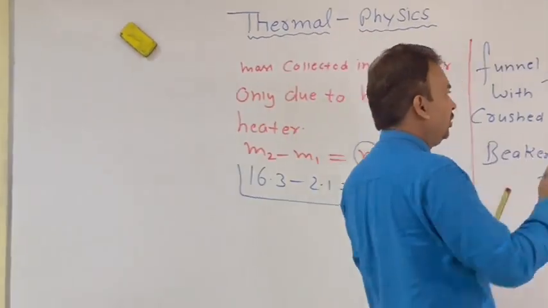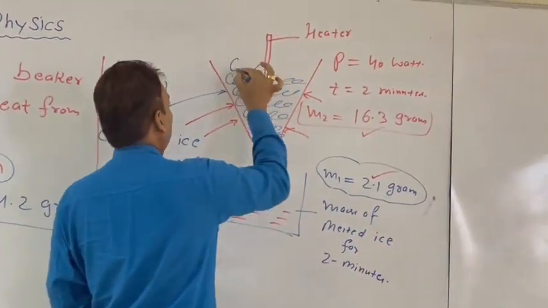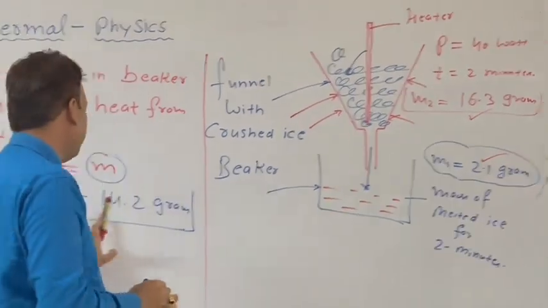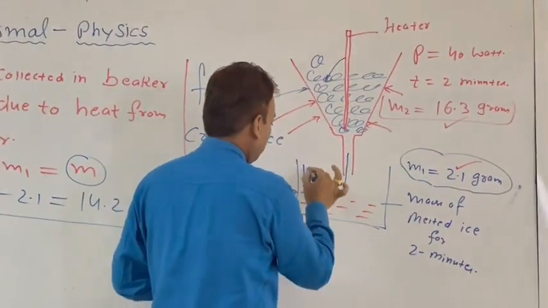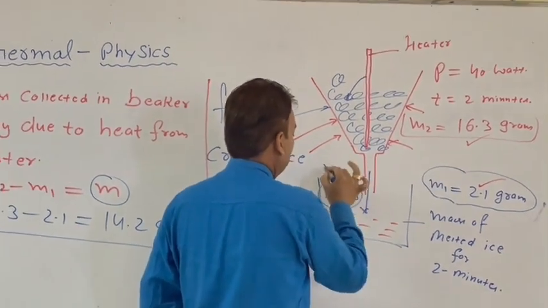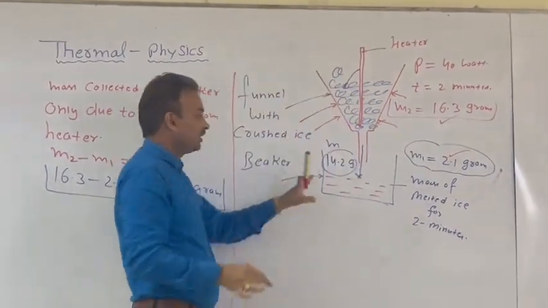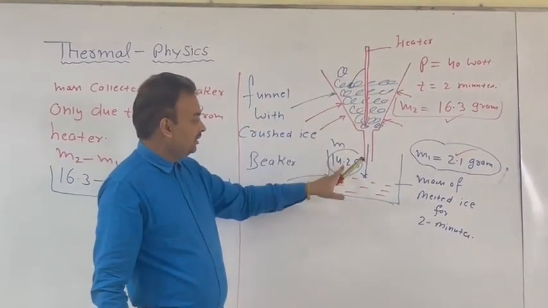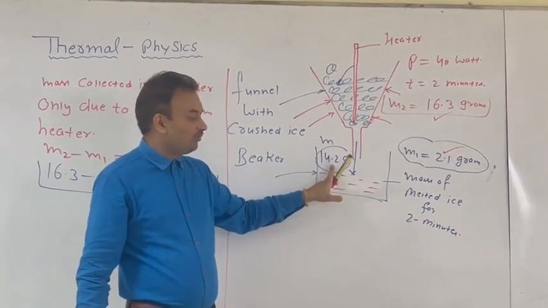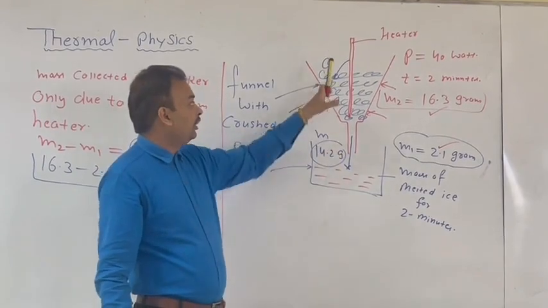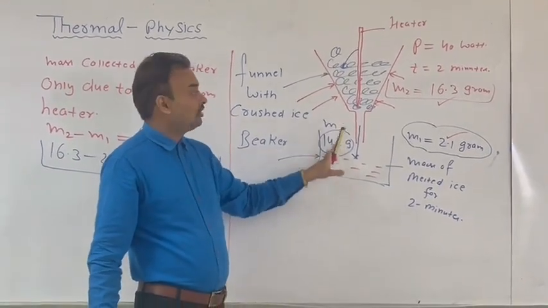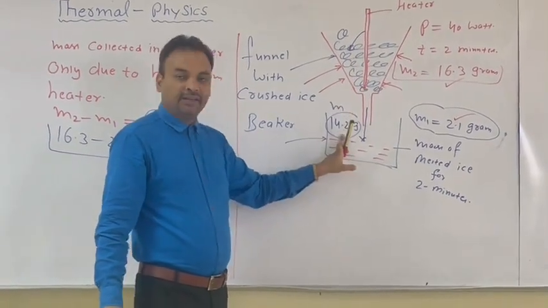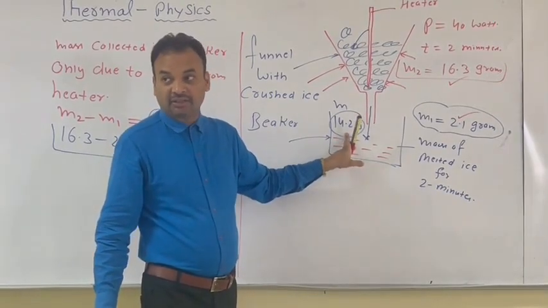And yesterday I told you that the heater is supplying heat energy Q, right? And the mass collected in the beaker, the final mass, is 14.2 gram, right? This is the final mass M. So Q is giving this M. Q, heat from the heater, is giving a mass M in the beaker, which is 14.2 gram. So now if I divide Q by M, heat supplied to the water and mass collected in the beaker, then what will I get?